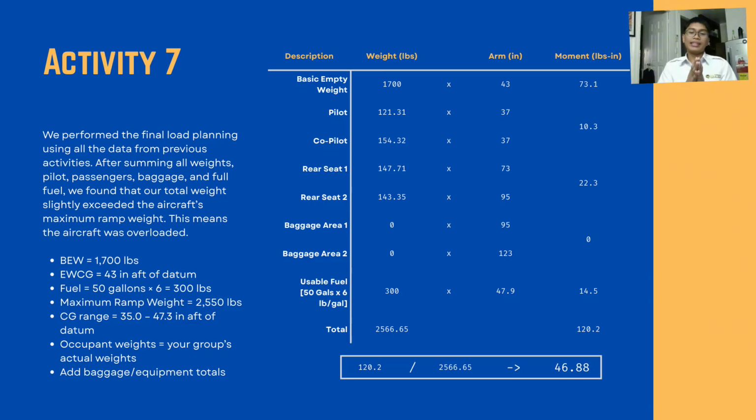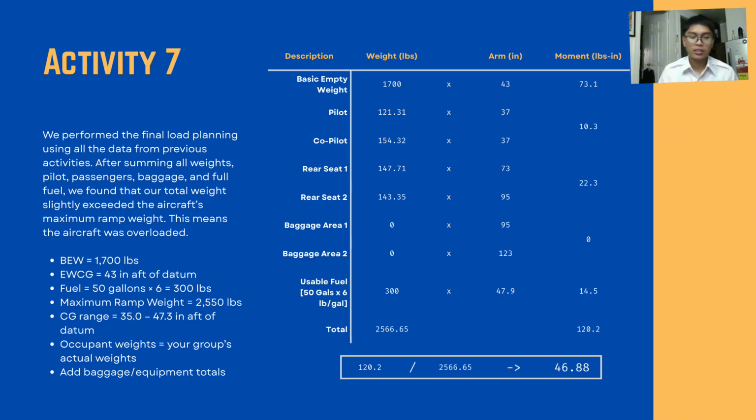But for the data that we were given, the basic empty weight was 1,700 pounds, while the empty weight center of gravity was 43 inches aft of datum. Our fuel was 50 gallons, so times 6, always. That's the rule. It becomes 300 pounds. And maximum ramp weight was 2,550 pounds, and the CG range was 35 to 47.3 inches aft of datum.